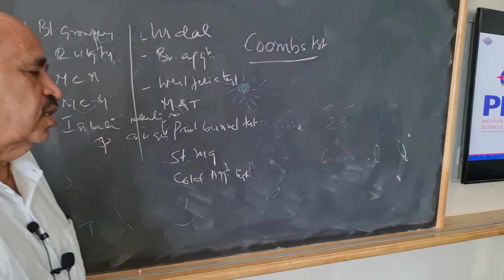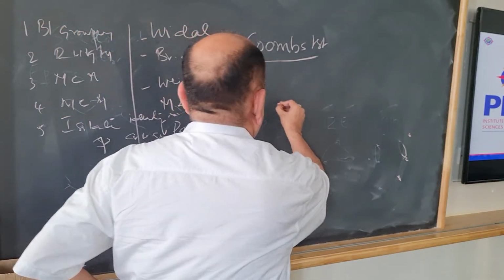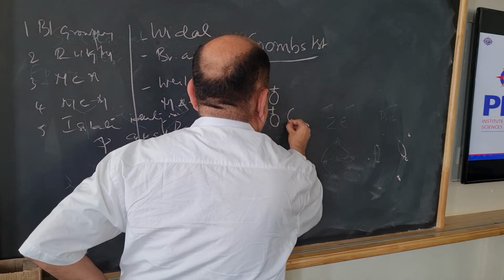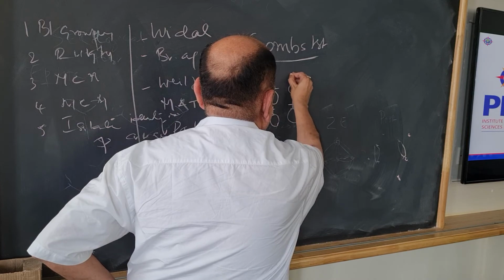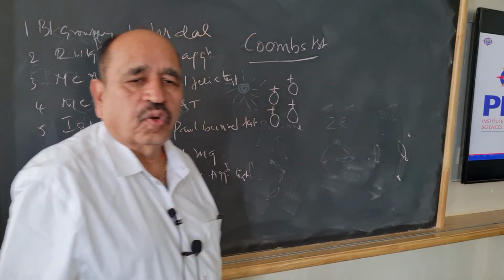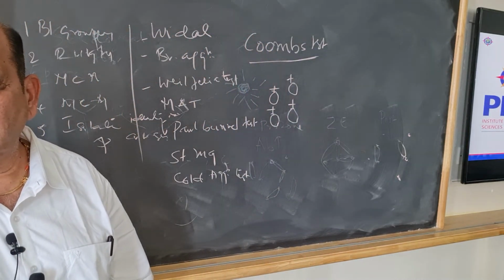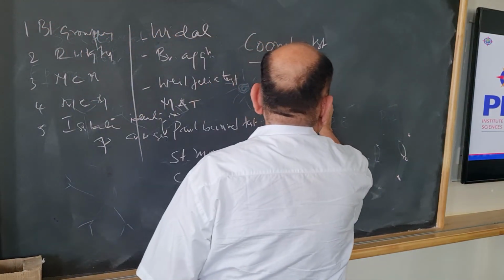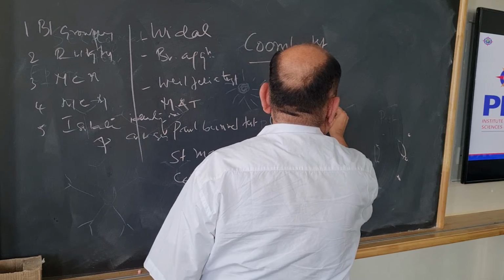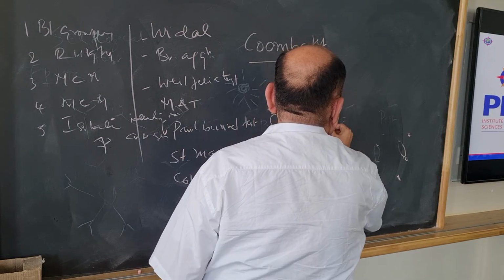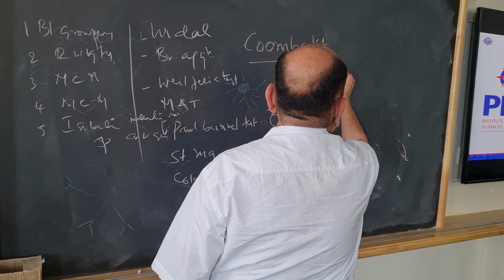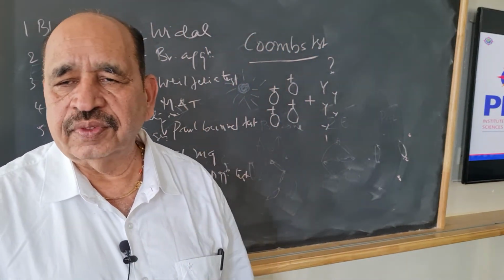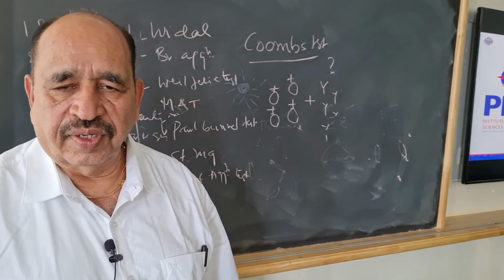So basically, what is the Coombs test? You take O positive RBCs and add mother's serum suspected to have anti-Rh antibodies.